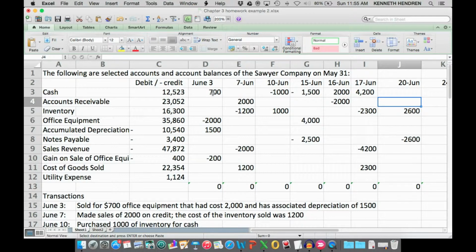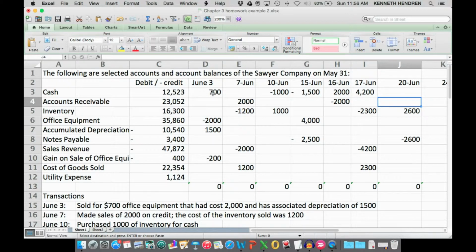Revenues go up with credits and expenses go up with debits. At the end of the day, we want revenue to be higher than expense, right? So our net income is usually going to be a credit, which goes into equity, and equity is a credit balance account. That's why revenues are credits, because revenues increase equity, and equity is a credit account.